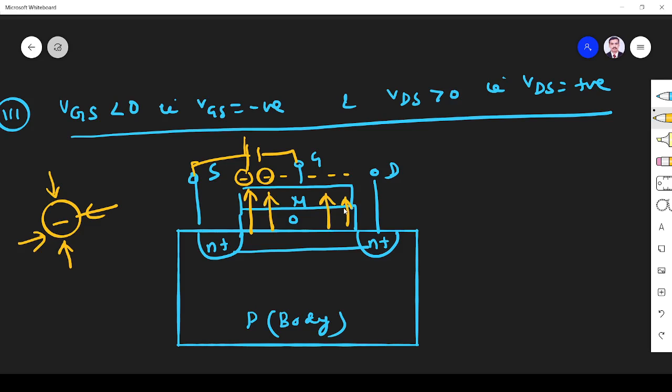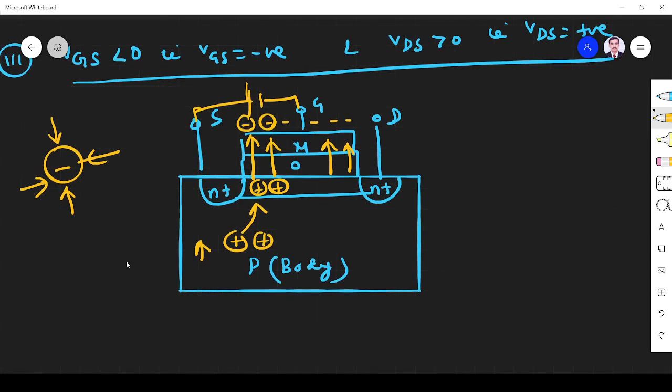So here in the P-type substrate, we have positive charge carriers. When the electric field acts like this, what will happen? All the positive charge carriers come towards this channel. So all the positive charges are attracted towards the channel region, because this force is acting upwards.